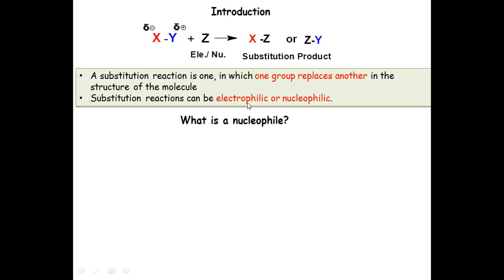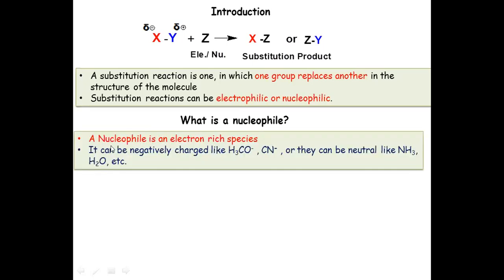So any reagent, if it is electrophilic, means it gets attracted to the electron rich center, that means itself is electron deficient. So any positively charged species or electron deficient species will be called an electrophile, and any negatively charged species which is electron rich or anionic in nature will be called a nucleophile. So we have these 2 types of reagent, electrophile and nucleophile.